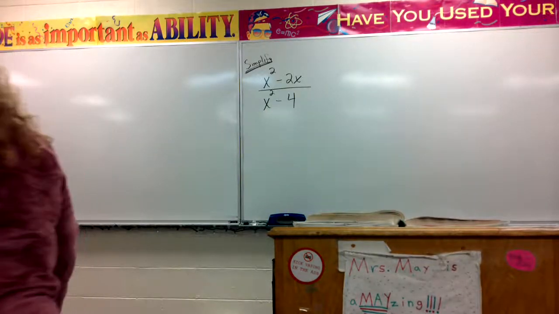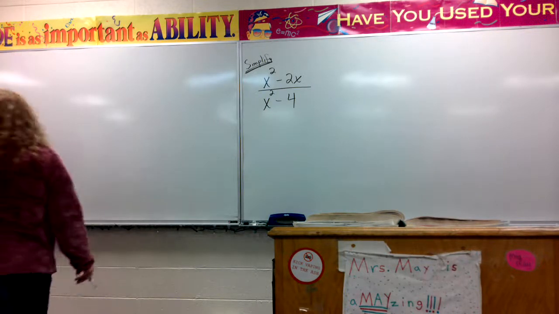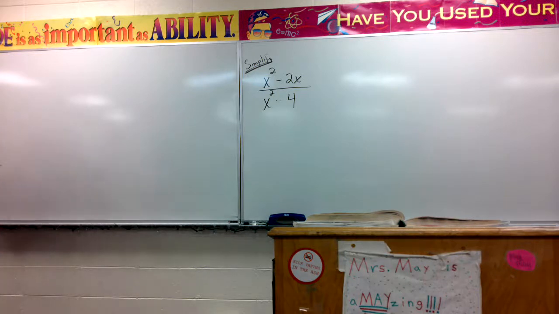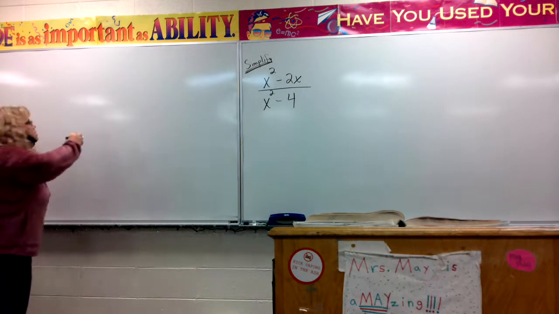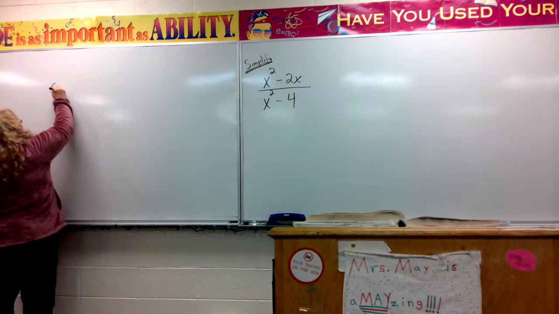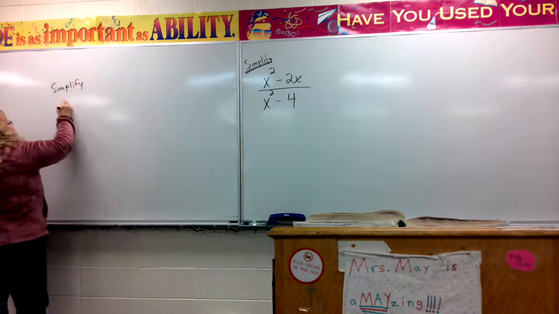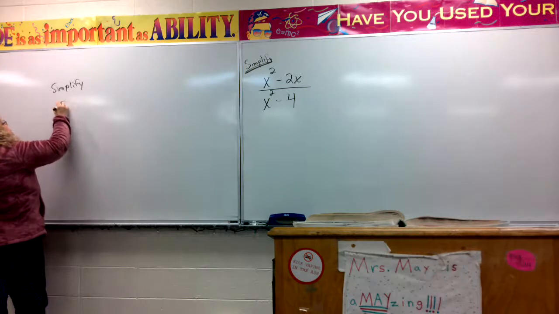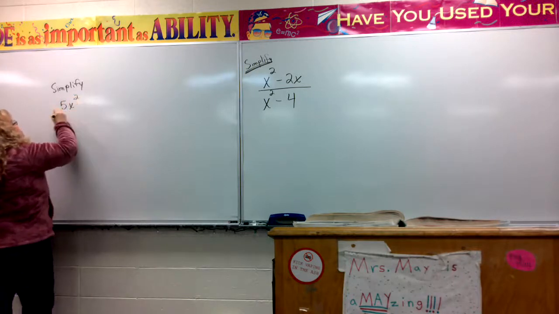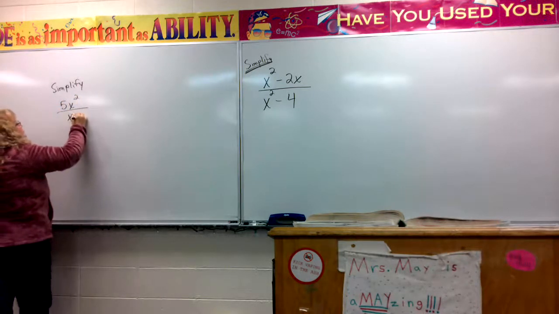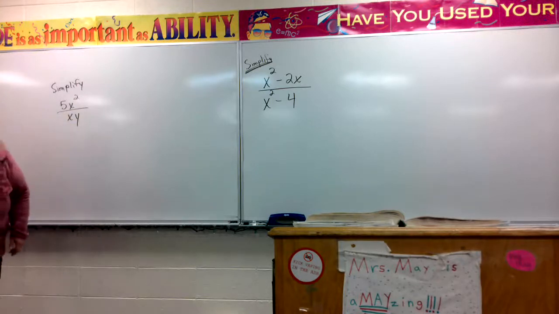So we have been doing things before, like simplify this. Simplify this. Simplify, oh, let's do 5x squared over xy. We've been simplifying stuff like that, right?